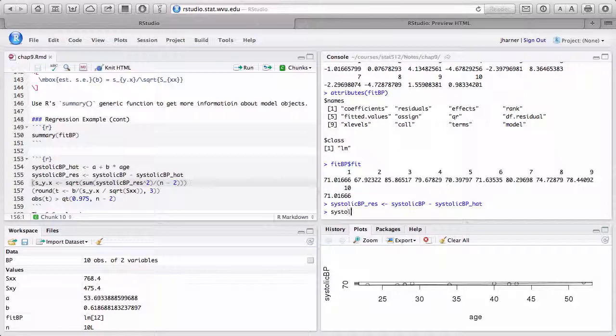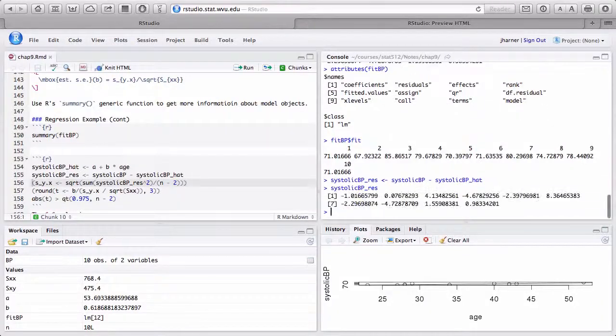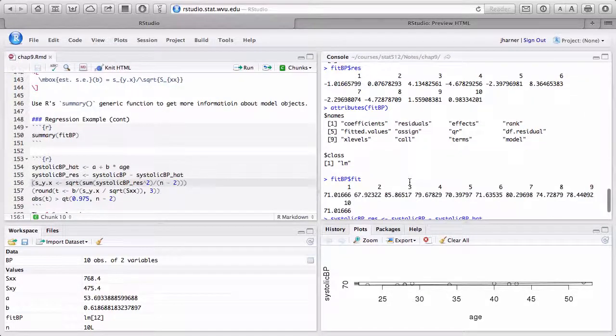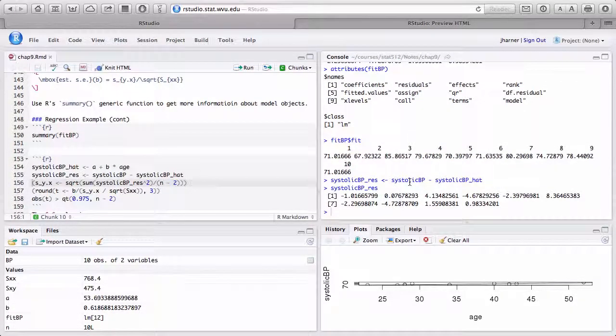Try not to misspell it. So those are the residuals, and if you look at those residuals, then they will be the same as extracting RES, which corresponds to that. Those will be the same. Okay.